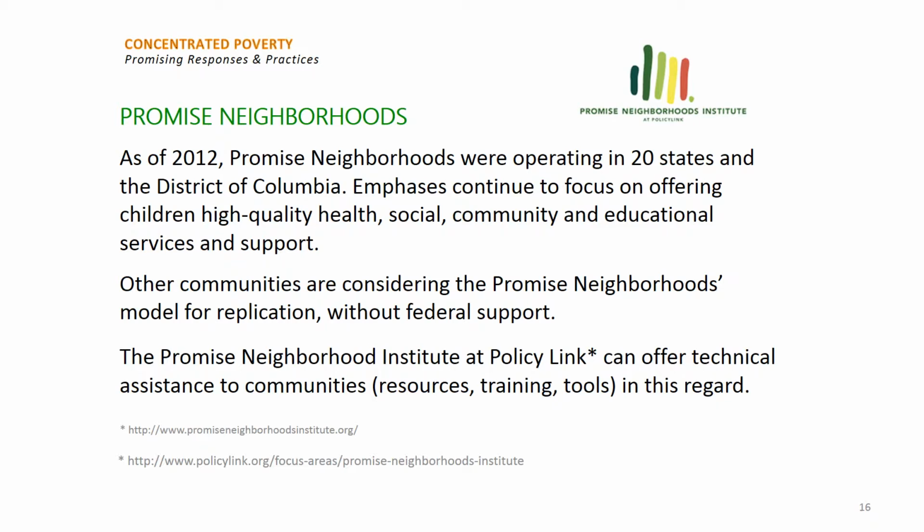Other communities are currently considering the Promise Neighborhood as a model worth replicating, and they would be doing so without federal support. The Promise Neighborhood Institute at PolicyLink can offer technical assistance to communities and serve as a resource for training and providing the support tools that they need in this regard.